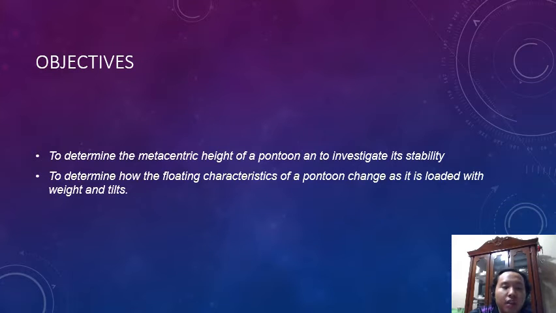Second, to determine how the floating characteristic of a pontoon changes as it is loaded with weight and tilts. This experiment wants students to observe the floating characteristics if they have a different weight and tilt, so they will see the difference in floating characteristic.